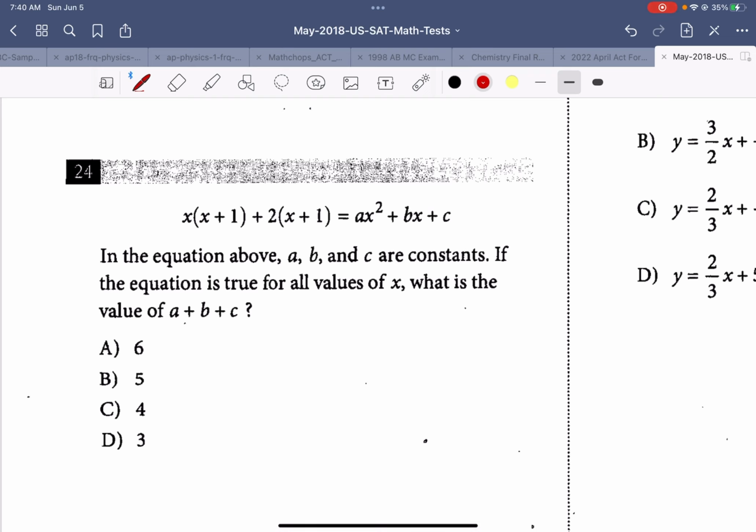Number 24. The equation is true for all values of x, and what are the values of a, b, c? So this one is an identical equation. So you multiply it out. That's going to be equal to. When you compare left hand side and right hand side, first of all, you need to collect like terms.